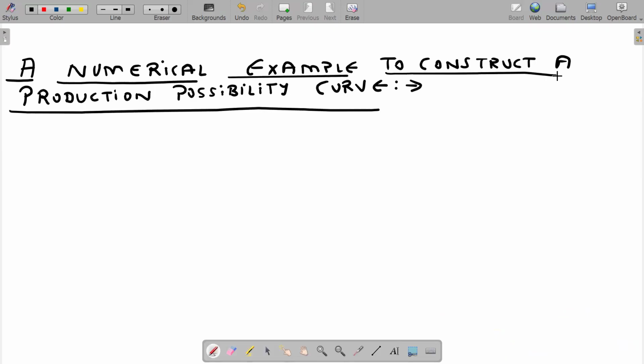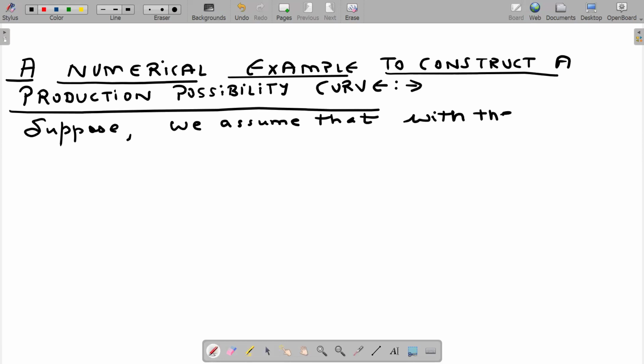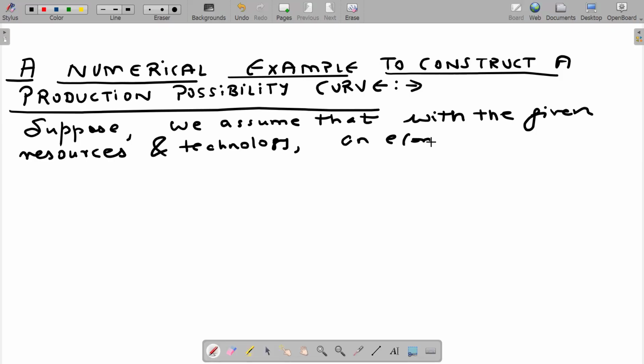Okay, so suppose we assume that with the given resources and technology, an economy can produce only two goods.